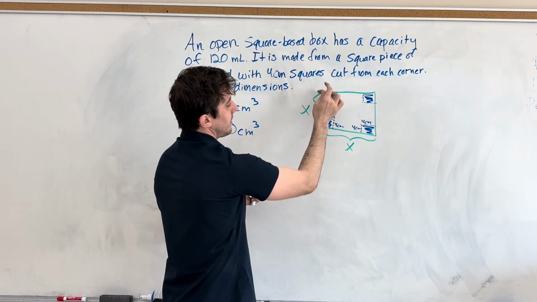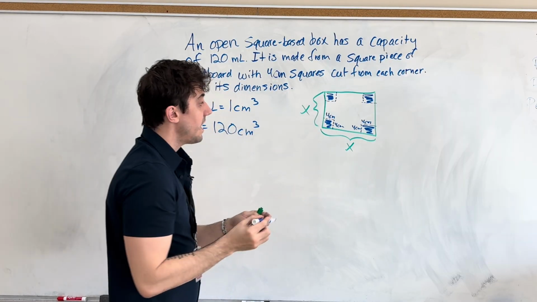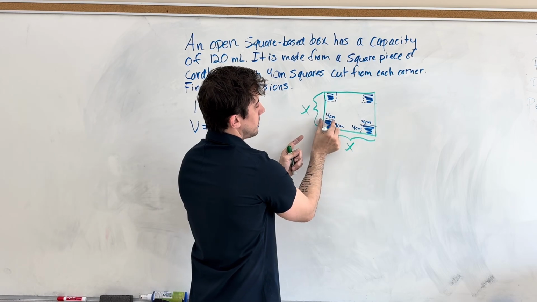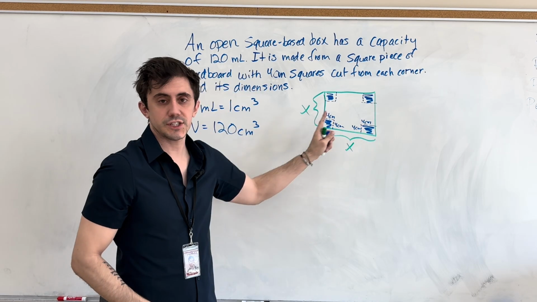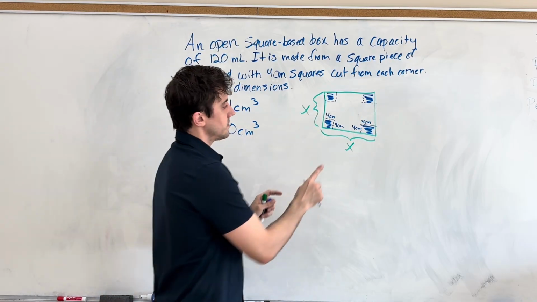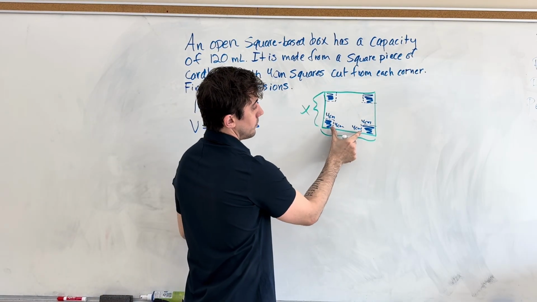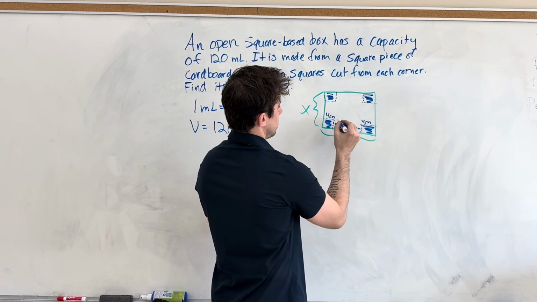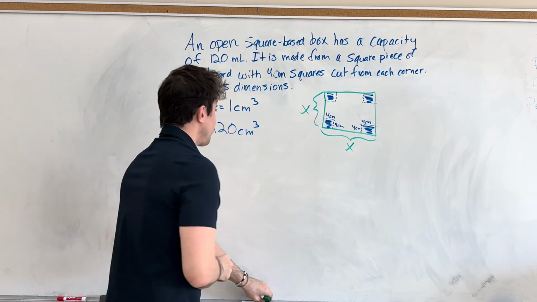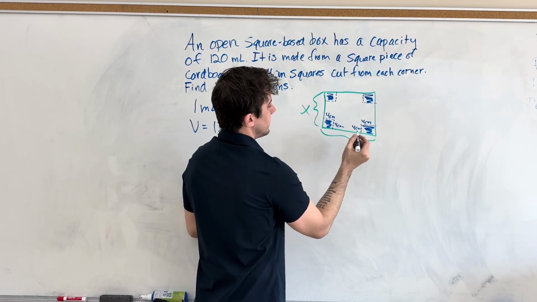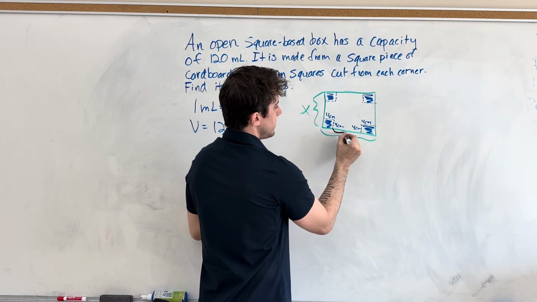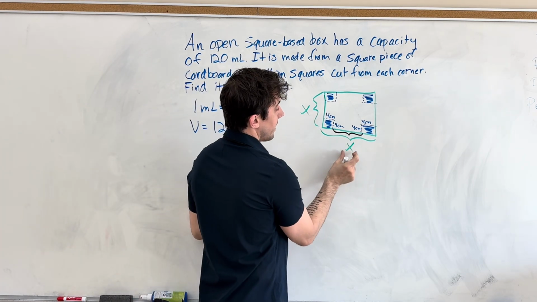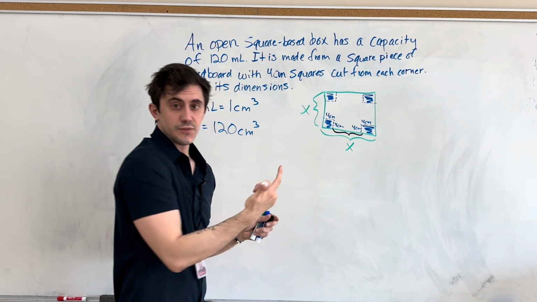And so its length and its width now are no longer X because 4 centimeters have been cut out from each of its corners. Let's use a different color. This new width, let's say, is going to be X minus 4 minus 4, right?